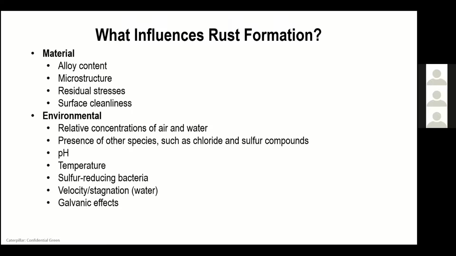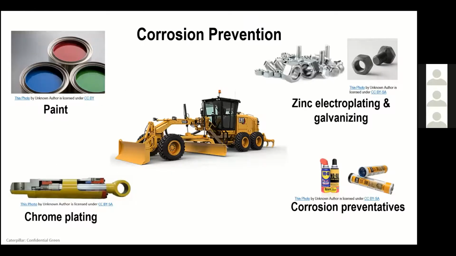Maybe you have to do that, but that's the point I'm trying to make. With stagnant water, you'll have more potential corrosion. And then galvanic effects, again, it's the dissimilar metals coming in contact, and then with the environment, it produces faster corrosion rates.